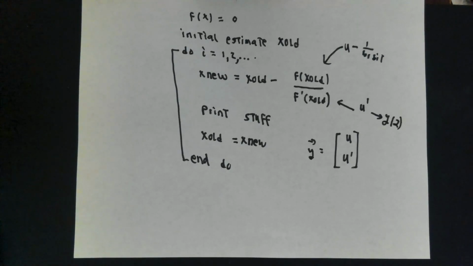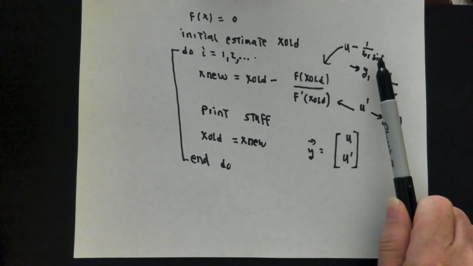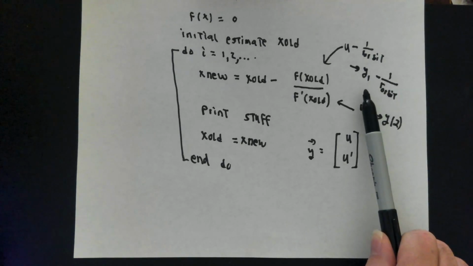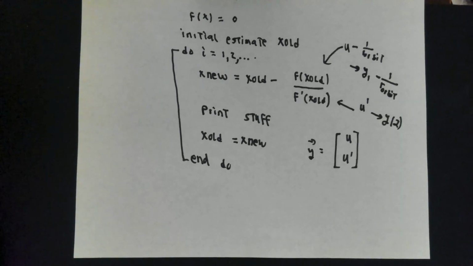The number on the bottom of the fraction in our real method is going to be the second component of the y vector. Likewise, the u being the first component of the y vector says the top of my fraction, u minus 1 over the radius of the orbit, must be y1 minus 1 over the radius of the orbit. So if I keep all of this stuff in mind, when I change the names back to what I'm about to do, there should be no confusion.